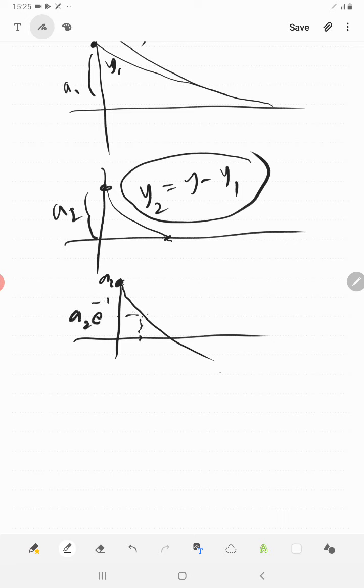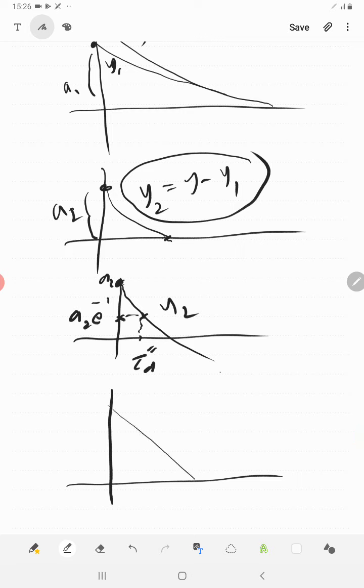You will obtain the subtransient time constant using Y2, or using the linear part, ln Y2.